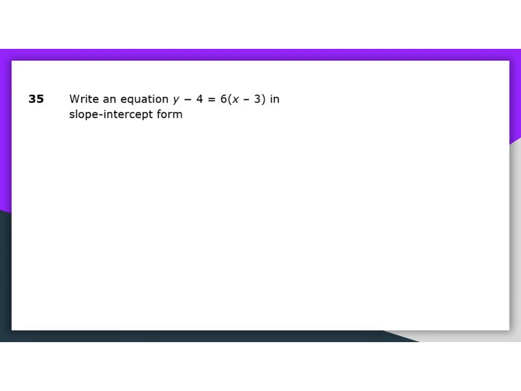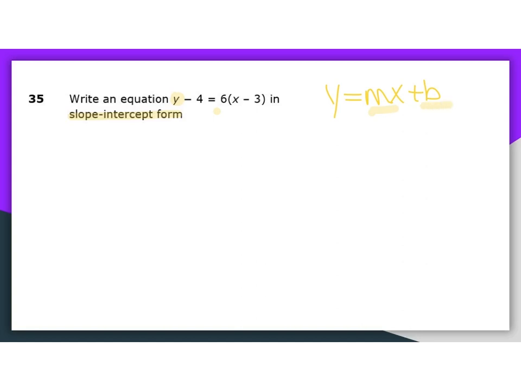Question 35, we're asked to take the equation y minus 4 equals 6 times x minus 3 into slope-intercept form. Slope-intercept form is going to be y equals mx plus b. So our goal is to get this y all alone, and then also the right half where we can identify the slope and the y-intercept.